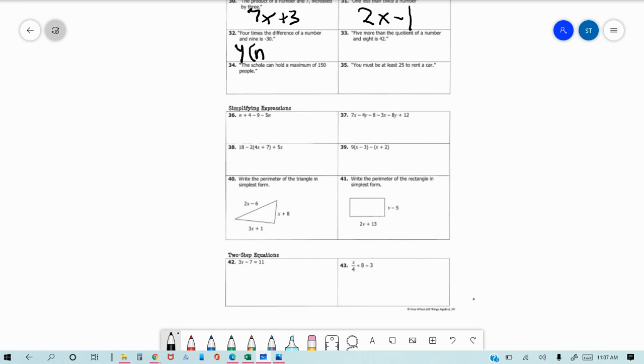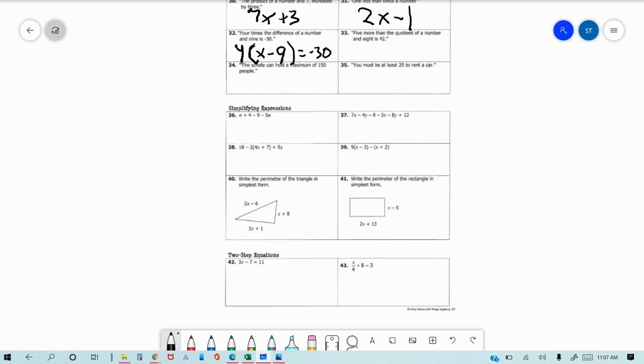So a number, I was trying to use x, so that's what we're used to here. 4 times X minus 9 is negative 30. Okay, yeah, that's how you write that expression.